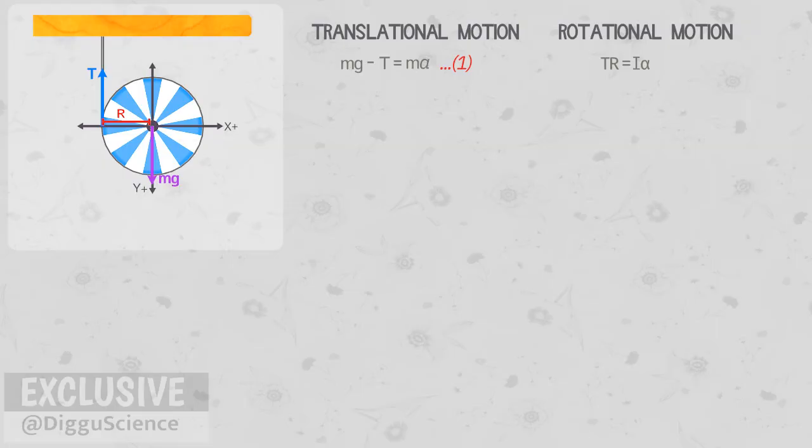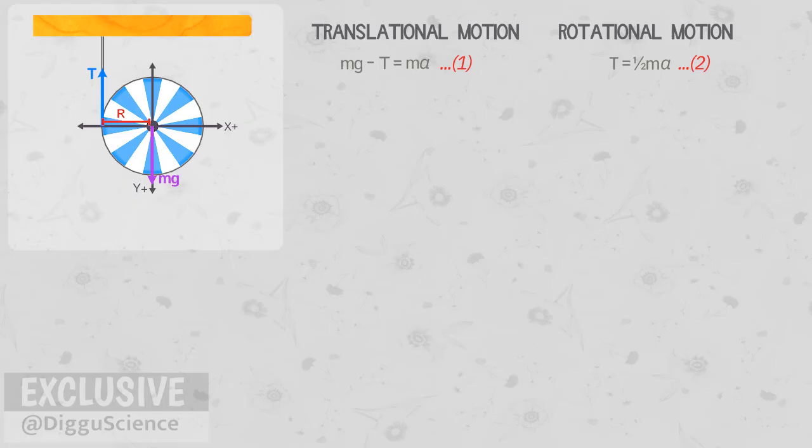The moment of inertia of a solid cylinder is half mr squared. An object rolling without slipping will satisfy the equation a equals r alpha. This equation can be simplified to T equals half ma. Let's call this equation 2.